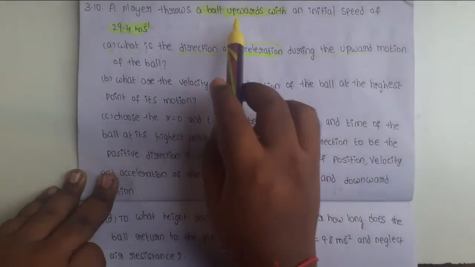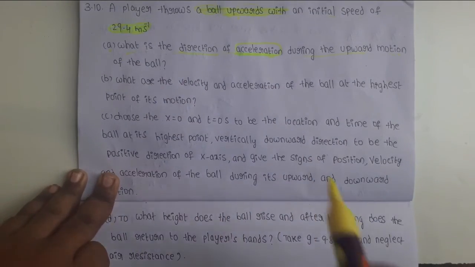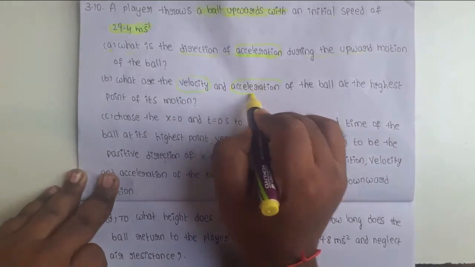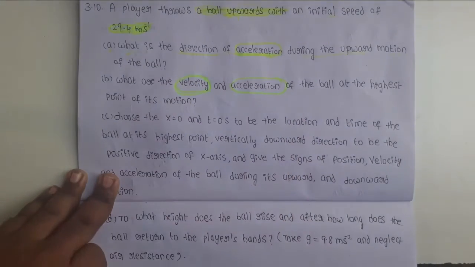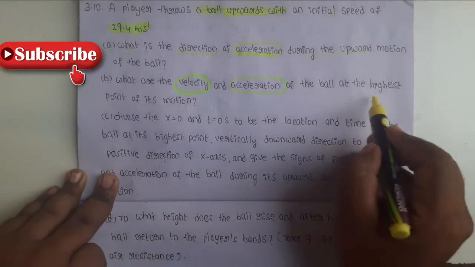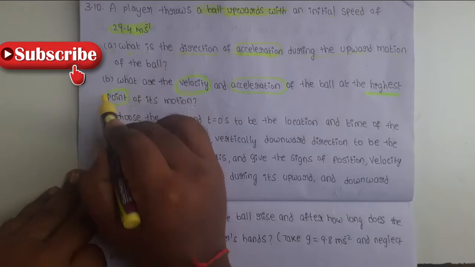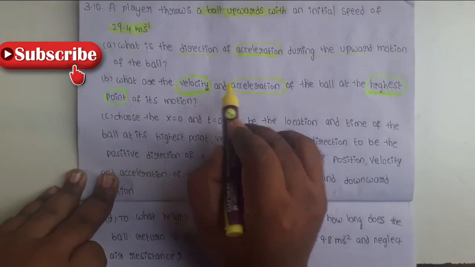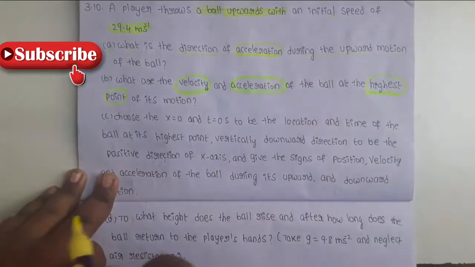When the ball is moving upward, what are the acceleration and velocity values at the highest point only?